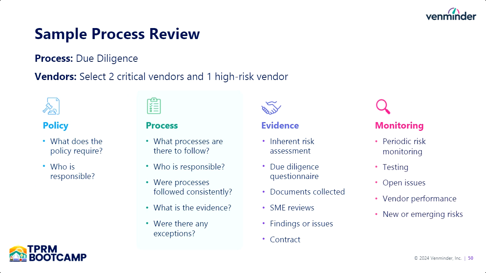Next, you can review the process itself to determine whether it was followed consistently and how the evidence was documented. The evidence should generally include the items listed here, like an inherent risk assessment, questionnaire, various documents from the vendor, and a review from a subject matter expert.